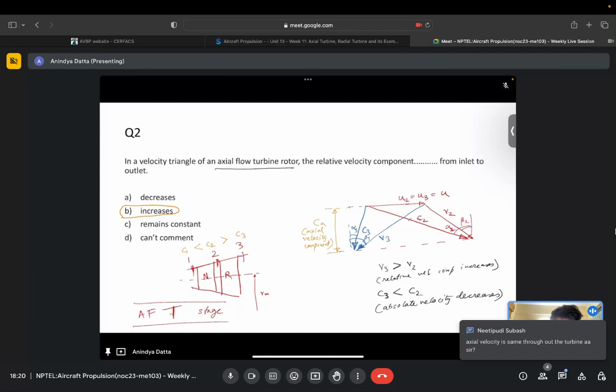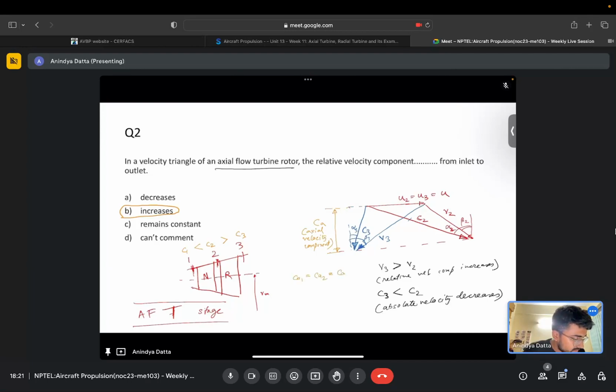Yes, axial velocity will remain the same throughout the turbine. CA is the same, so CA1 is equal to CA2 is equal to CA3. Also, generally C3 becomes equal to C1, because the velocity coming out from the rotor goes to the nozzle of the next stage, and there the velocity has to be C1.